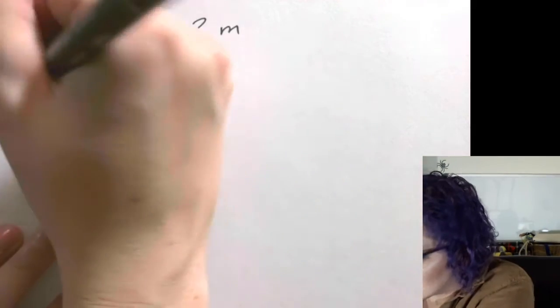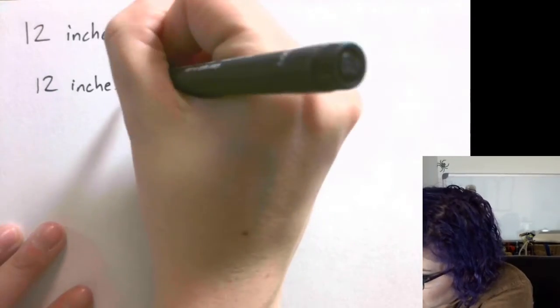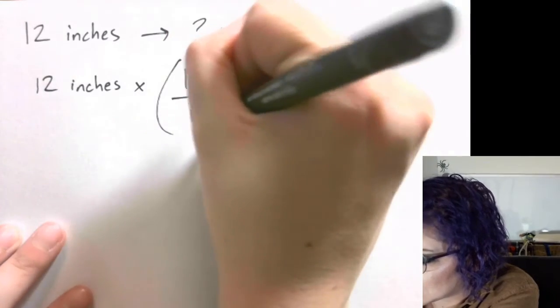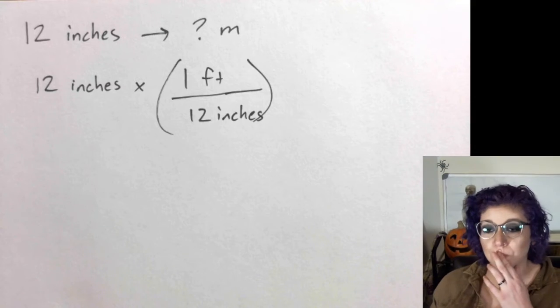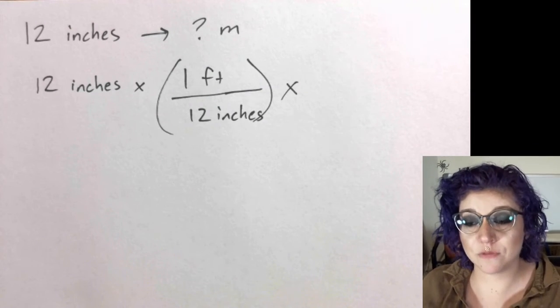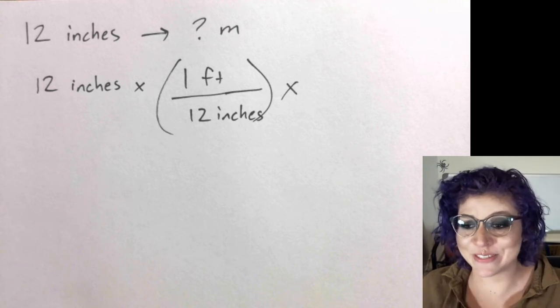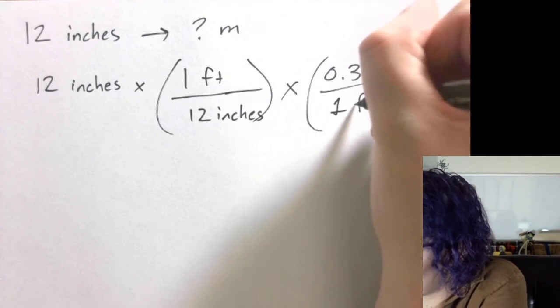So I can say, I know that 12 inches times 1 foot has 12 inches. So that's the conversion factor there. And the conversion factor for feet to meters, I'm just going to look this up, y'all. So there are 0.3 meters in 1 foot.